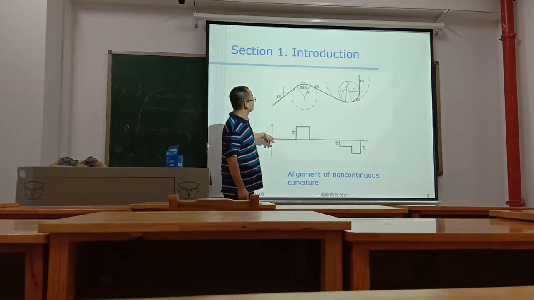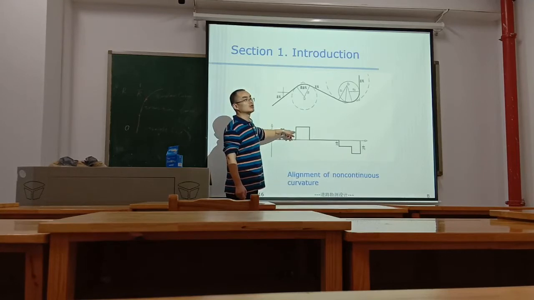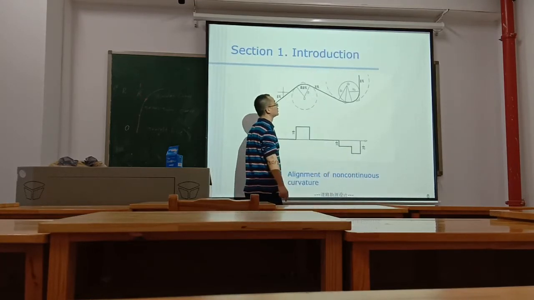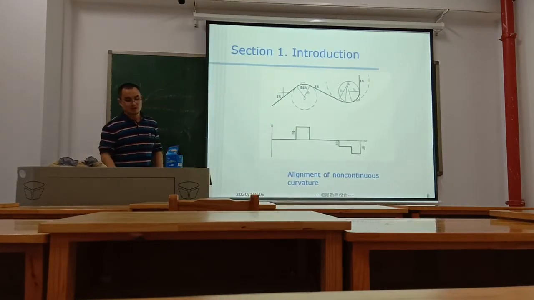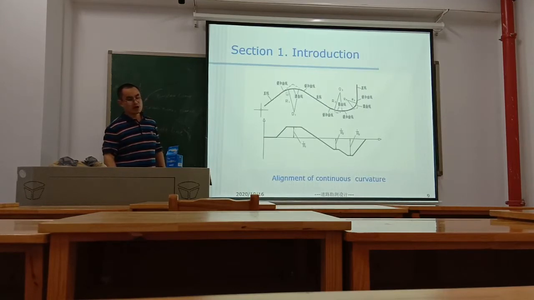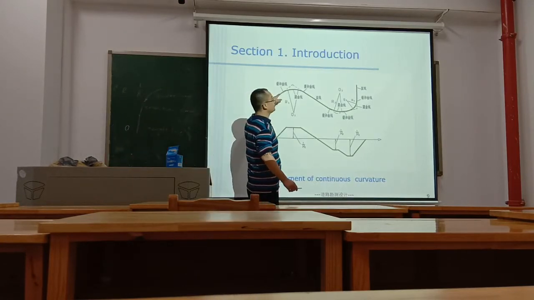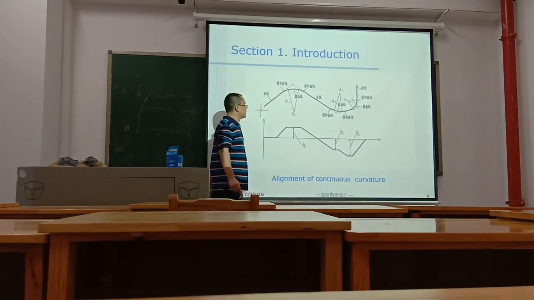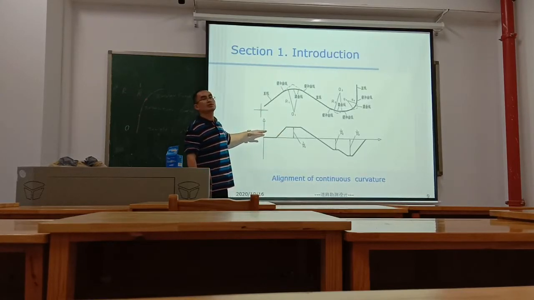The curvature is not continuous, because at this point there are two curvatures, 0 and 1 divided by R. If there is a transition curve between the straight line and the circular curve, the curvature is continuous.